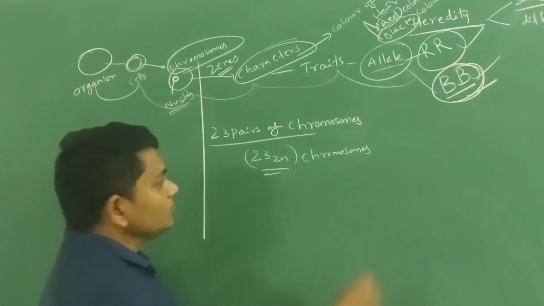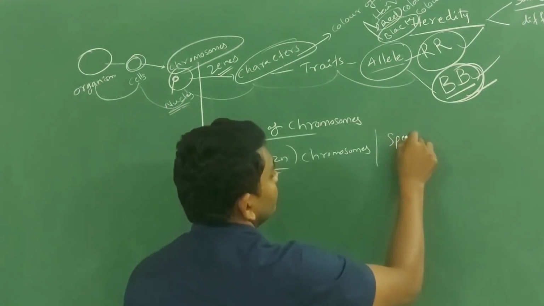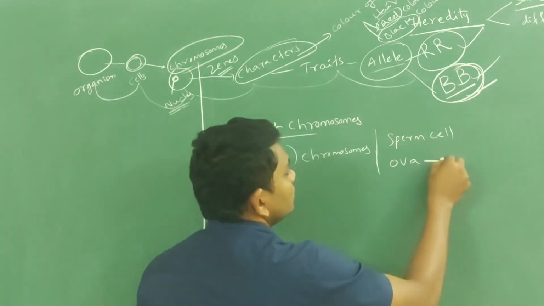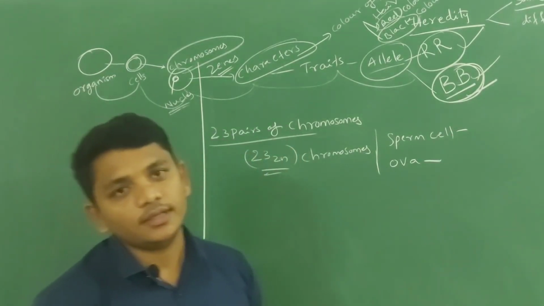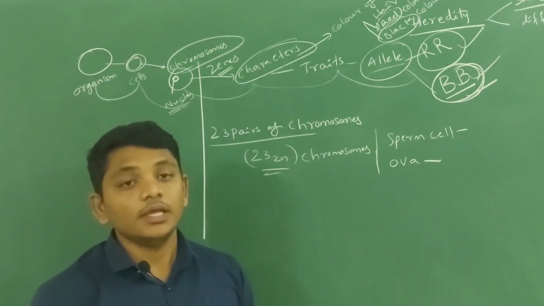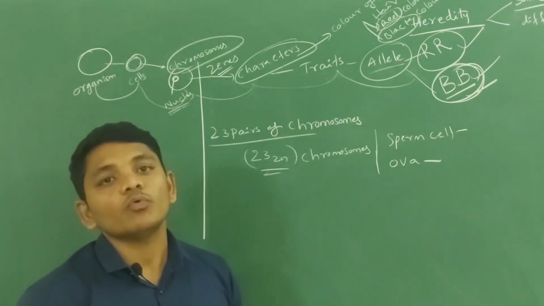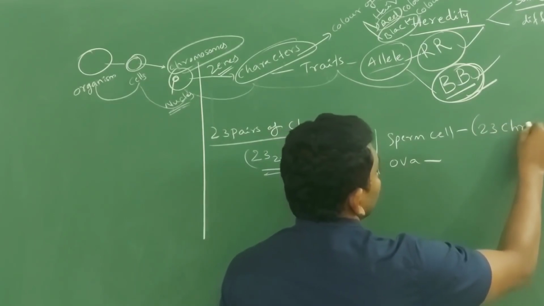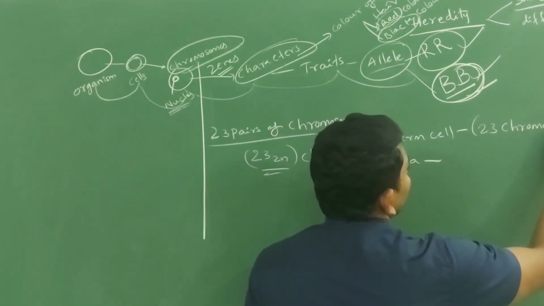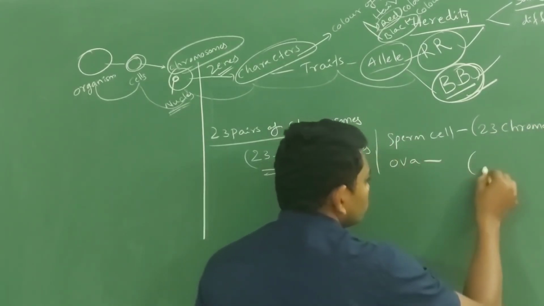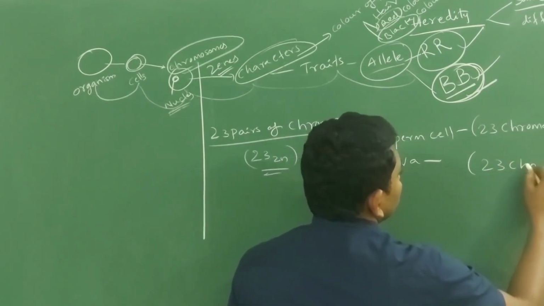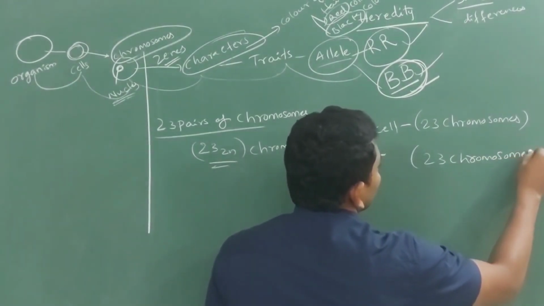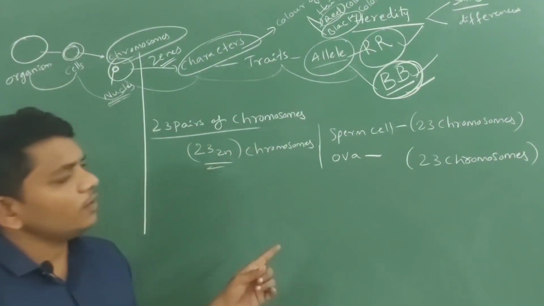But the sperm cell and the ova are also cells, gametes, but these two cells have only 23 chromosomes.